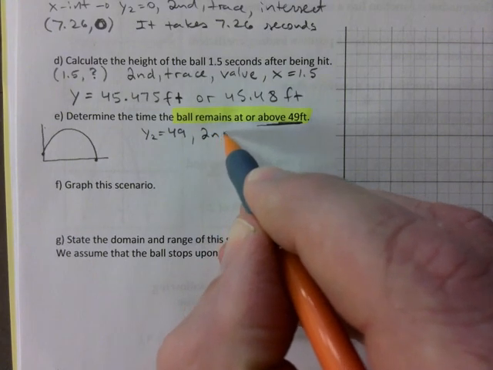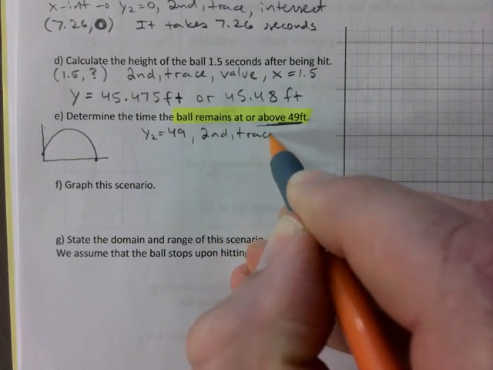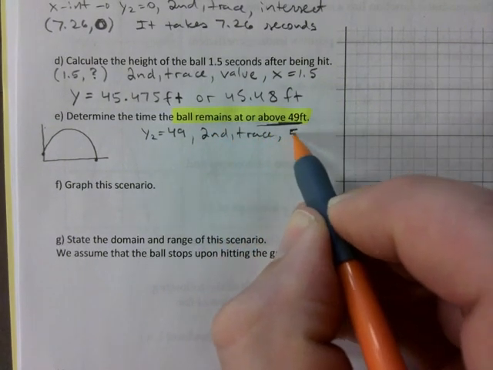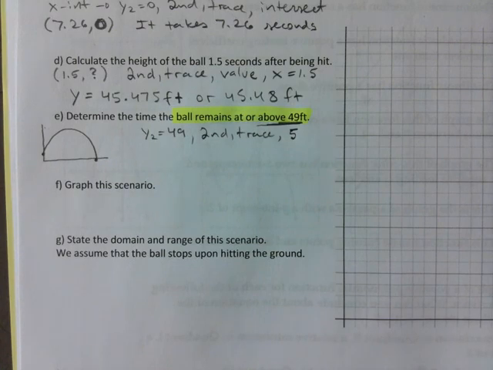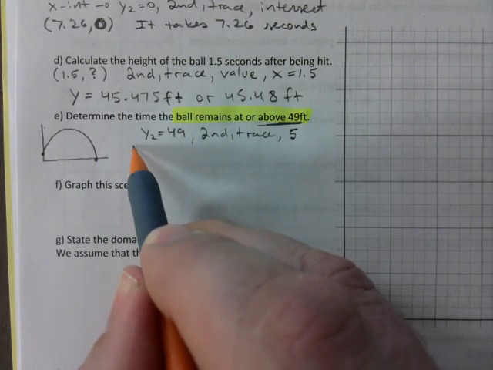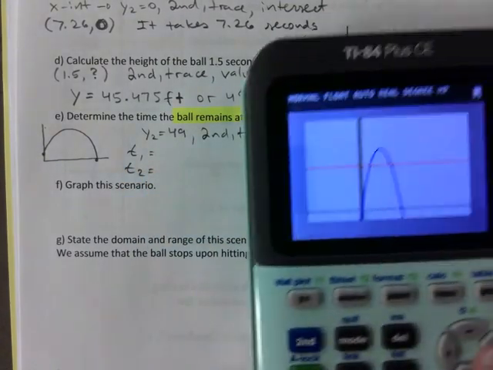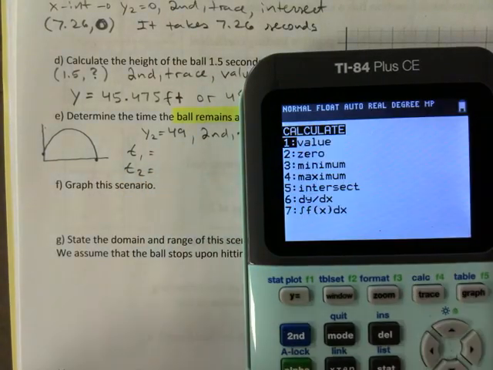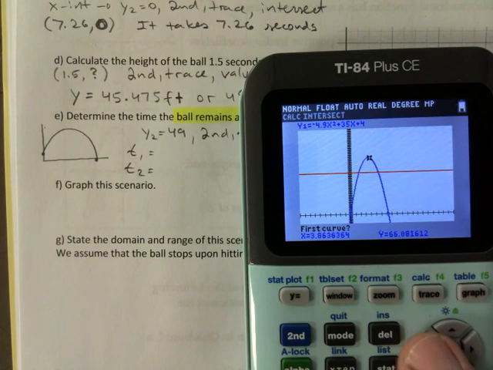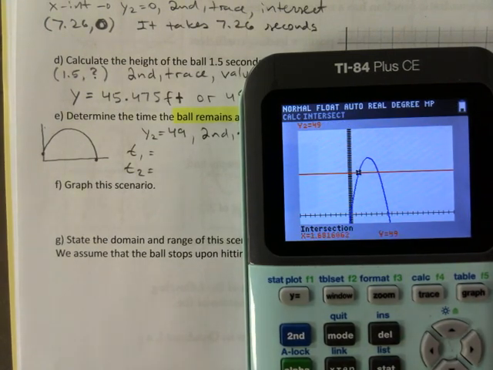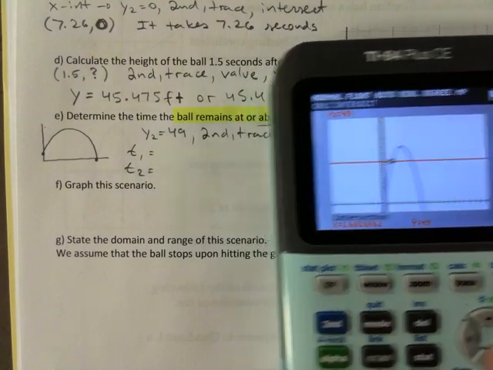So I'm going to go second, trace 5 for intersect. And I'm going to go time 1 and time 2. Let's go ahead and find those. So second trace 5. I find time 1. And here's one thing.